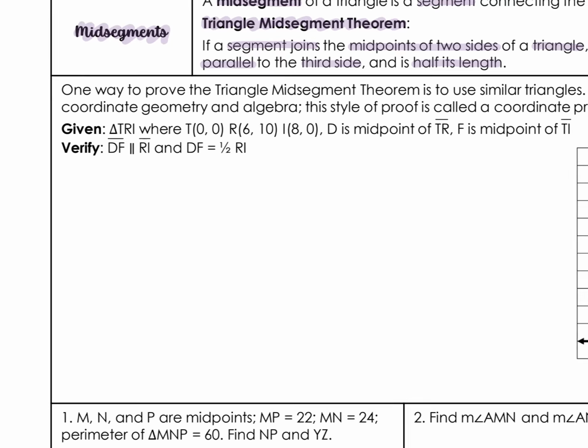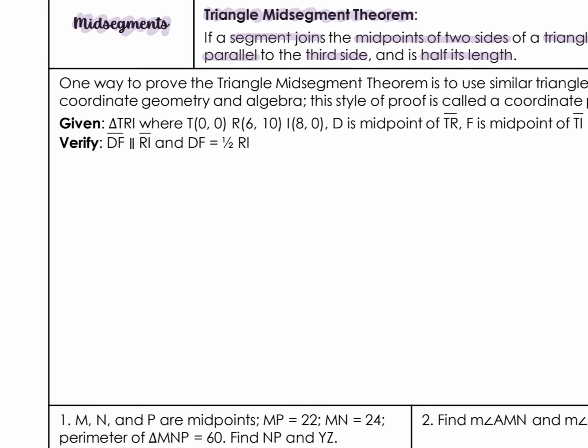I'm going to scroll on over here. TR. Okay, so remember that's going to be us adding our x's and dividing by 2, and then adding our y's and dividing by 2.